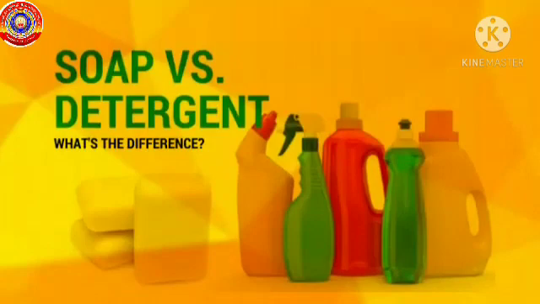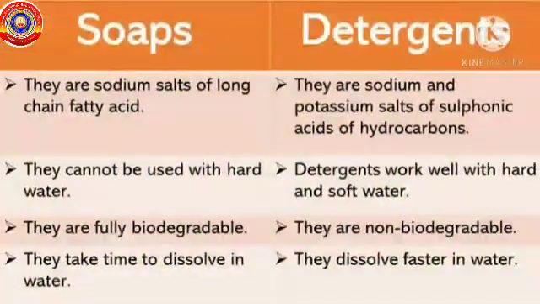Now let's learn about the difference between soaps and detergents. As we learned, soaps are sodium or potassium salts of long chain fatty acids, but detergents are sodium or potassium salts of sulfonic acids of hydrocarbons.